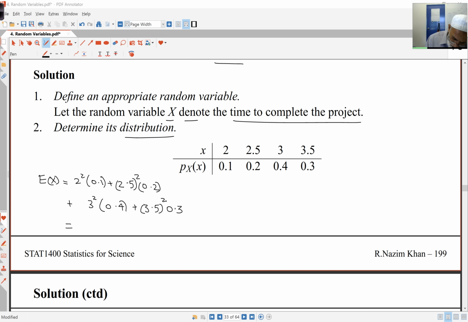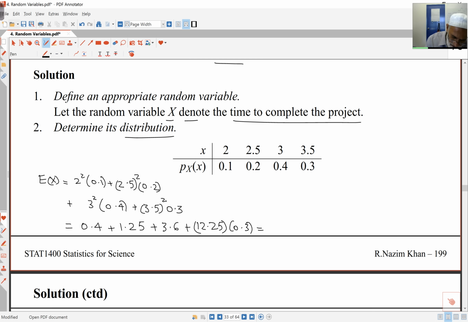2 squared is 4, so that's going to be 0.4. The 2.5 squared is 6.25, and if I multiply with 0.2, that is 1.25. You can check my calculations. 3 squared is 9 times 0.4 is 3.6, and 3.5 squared times 0.3, so this is actually 12.25 times 0.3.